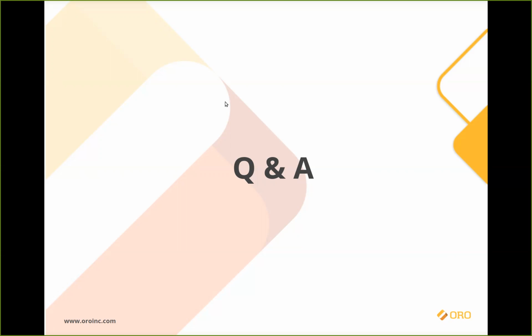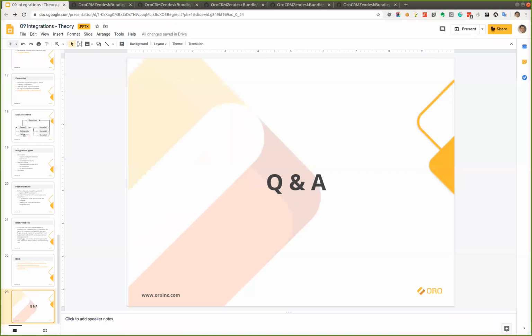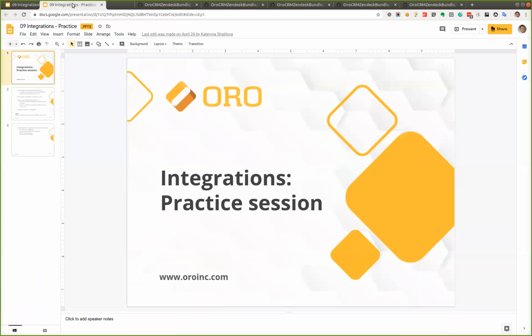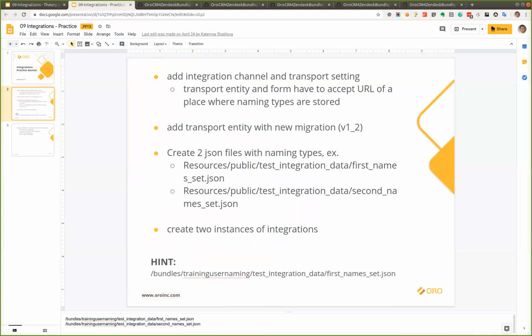So let me show the practice. And let me check if I switched to the correct branch. Yeah, okay. So we should add the integration channel and the transport settings.